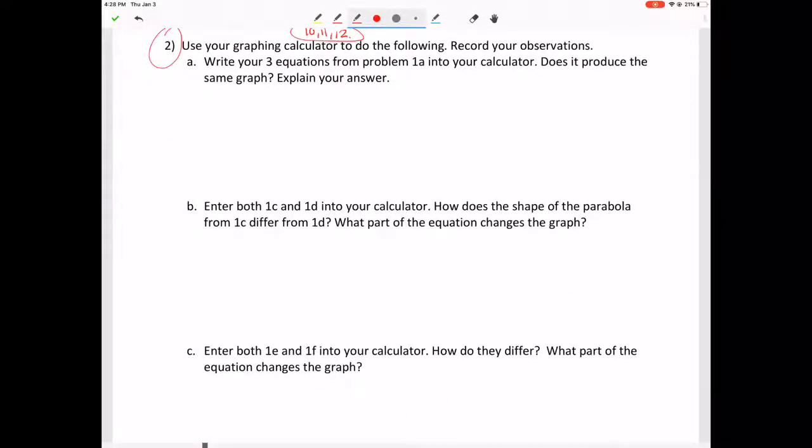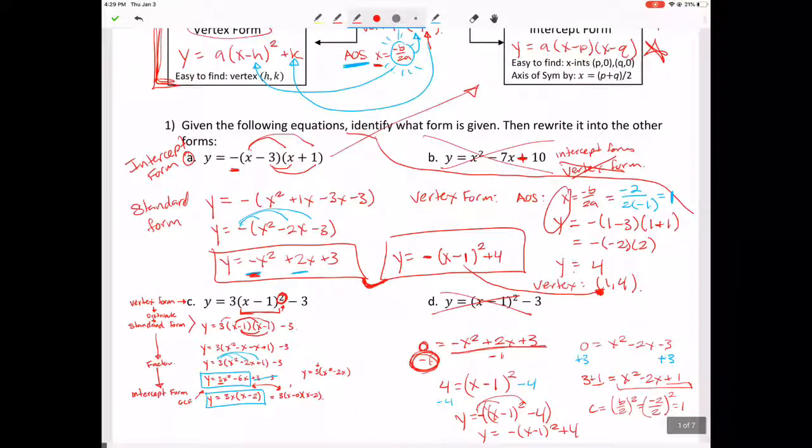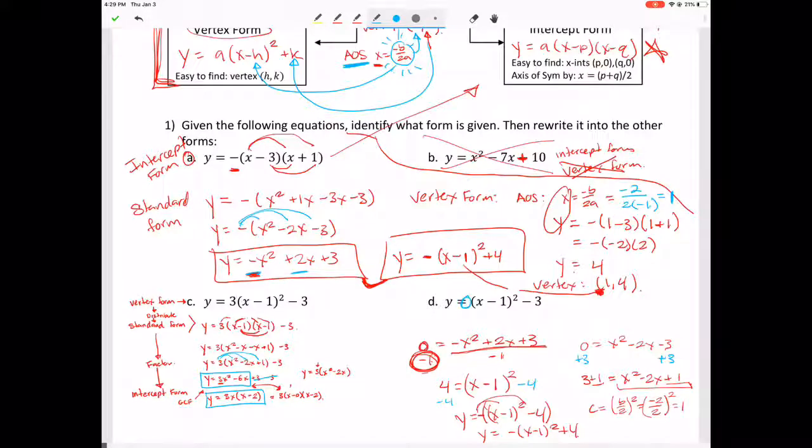Okay. B, it says enter both 1C and 1D into your calculator. How does the shape of the parabola in 1C differ from 1D? You should be able to figure this out without even graphing. If we look at 1C and 1D, they are exactly the same equations except for what? If you compare them, the only difference is our A value.